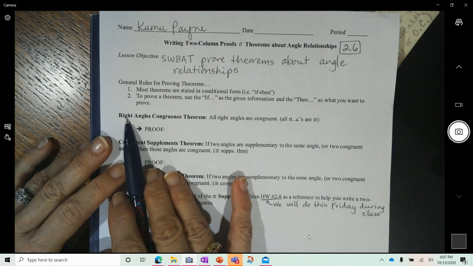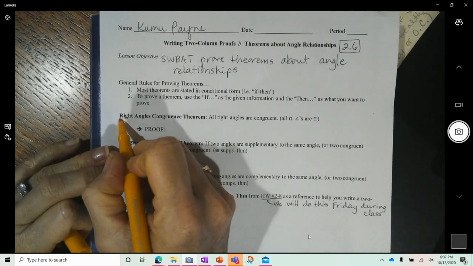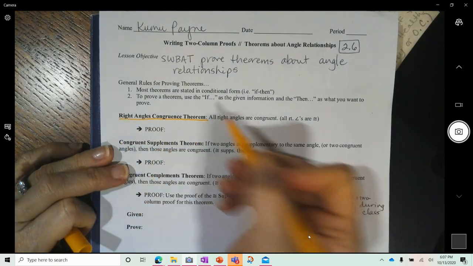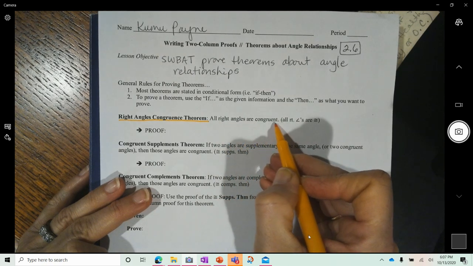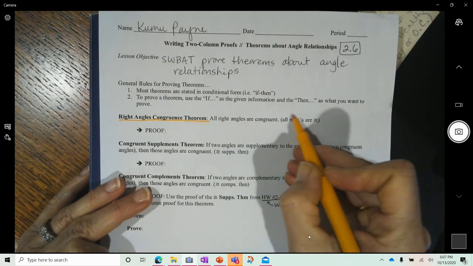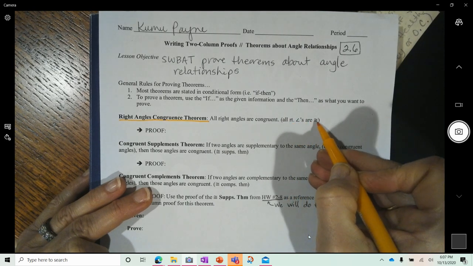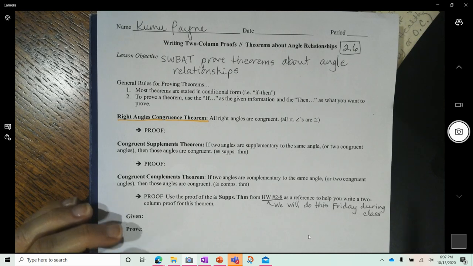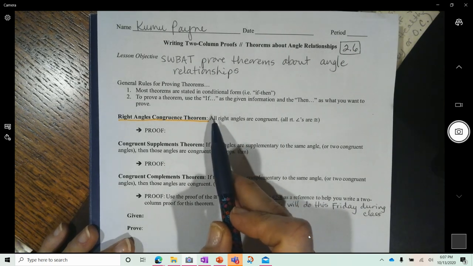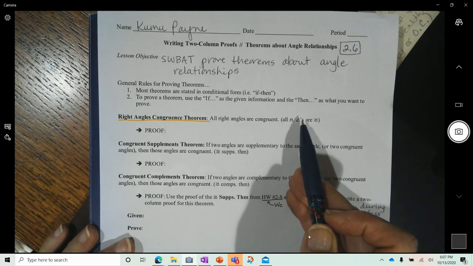So if I talk to you about the right angles congruence theorem and you wanted to prove it, it's all right angles are congruent. This is how you can abbreviate it. It's not writing it all out, but it would be like, if you have right angles, then they are congruent.